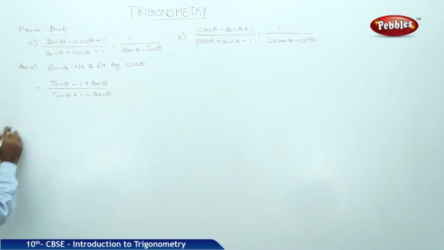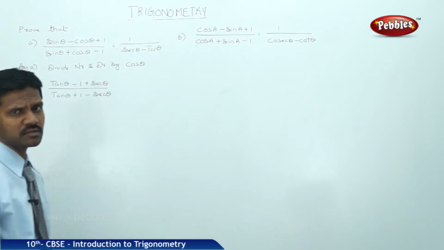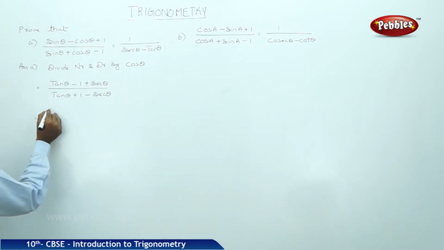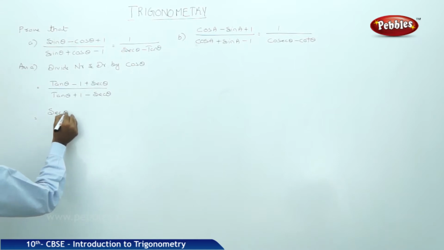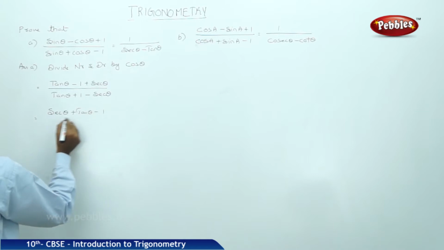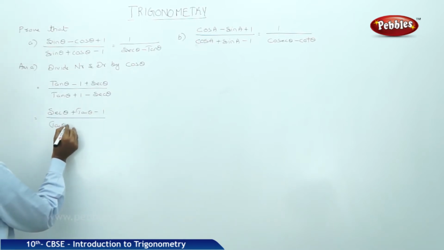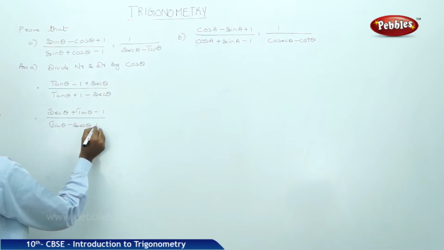Now let us arrange this one in order. Order means according to the formula identity secant square theta minus tan square theta equal to 1. First I will write secant theta plus tan theta minus 1 by tan theta minus secant theta plus 1.